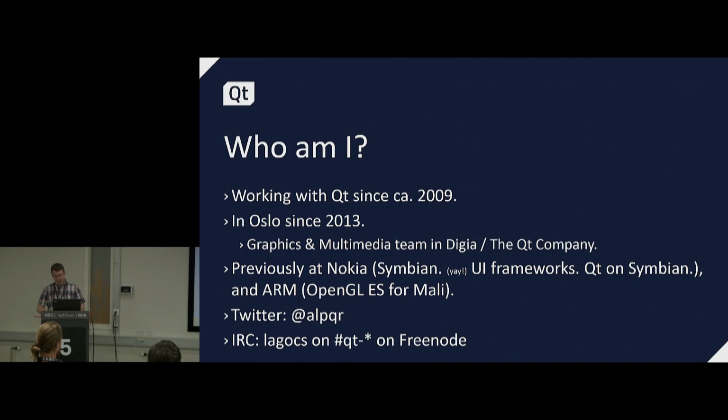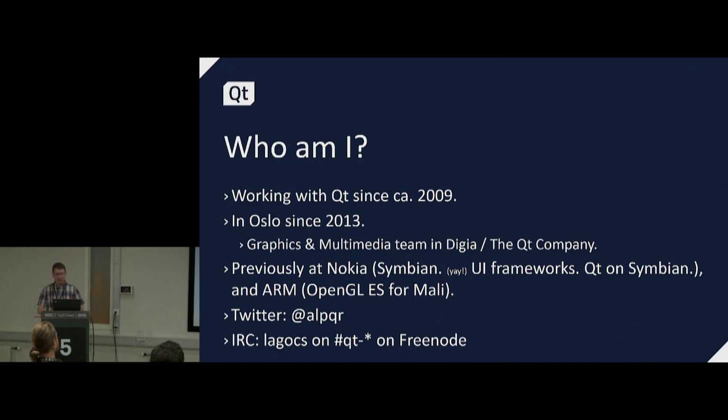Yeah, something about me, although that's not that important. So I've been working in Oslo since 2013. Back then, of course, this company was called Digia. I've been working with Qt also when I was working at Nokia, although originally I come from the Symbian side of things, doing Symbian apps, then some UI framework stuff. And then when the Nokia acquisition came through, I started working more with Qt, building UI stuff on top of Qt, mainly for Symbian.